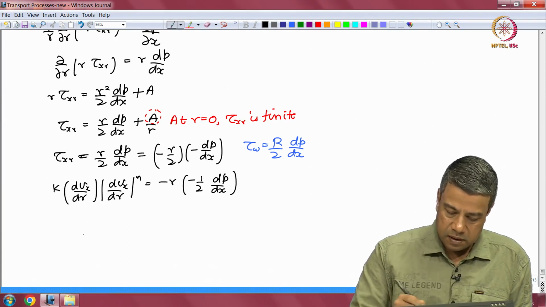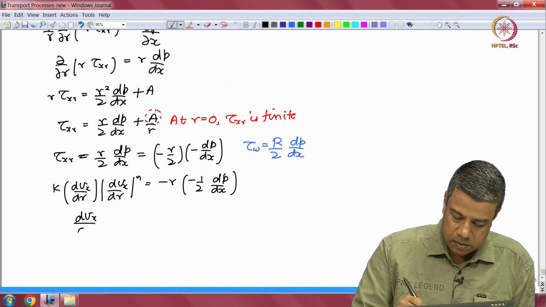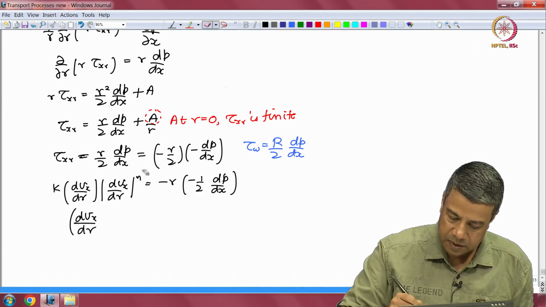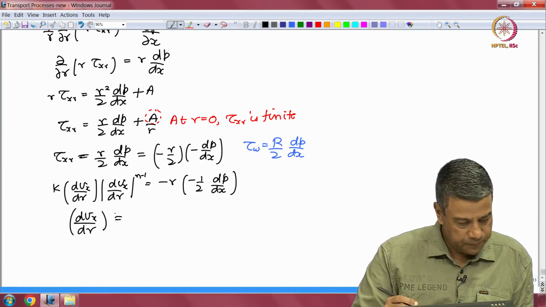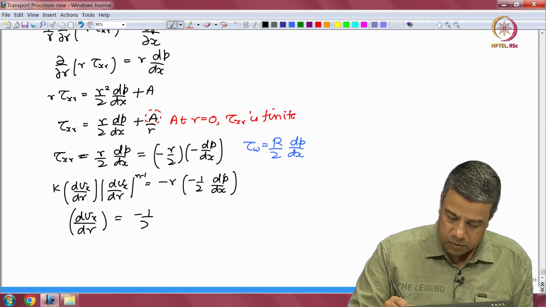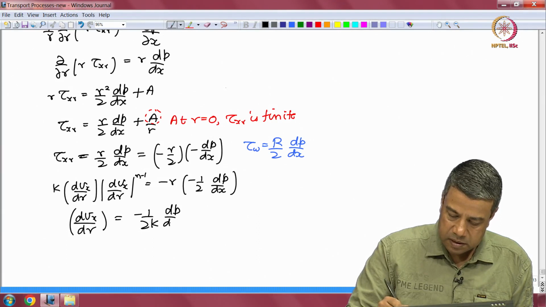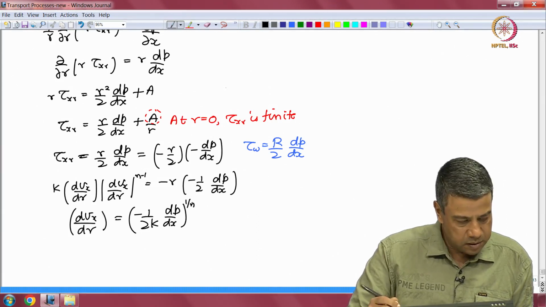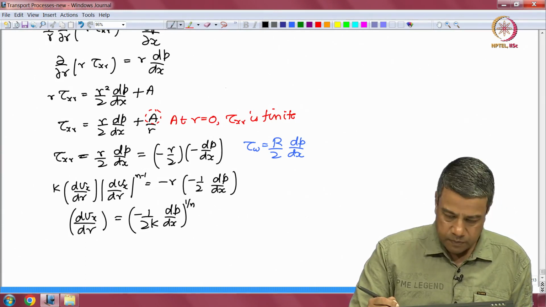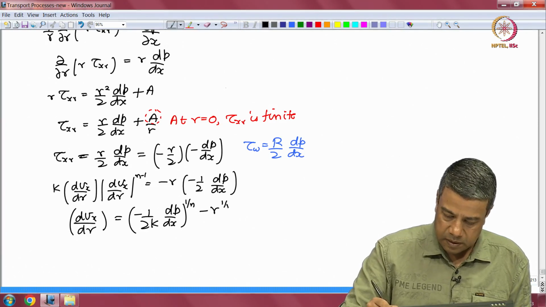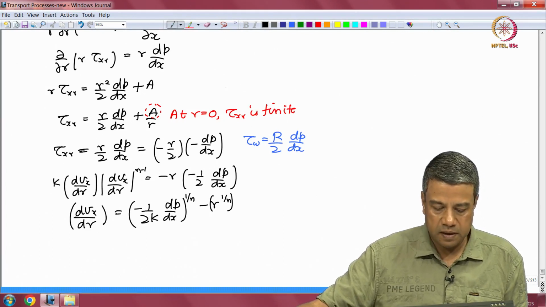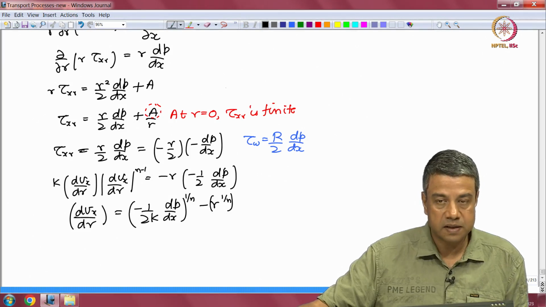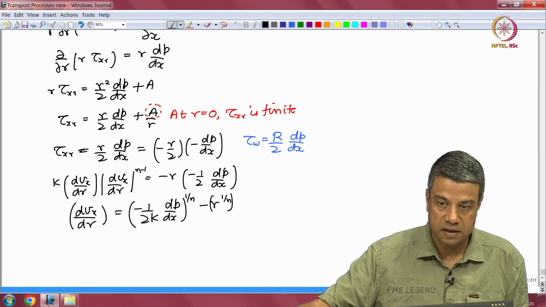So, you will get dvx by dr is equal to minus 1 by 2 k dp by dx, power 1 by n, into minus r power 1 by n. In this particular case, since the right side is negative, dvx by dr has to be negative, that is vx has to decrease as r increases.